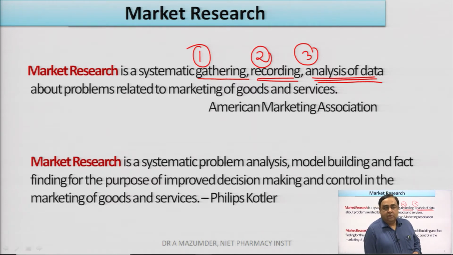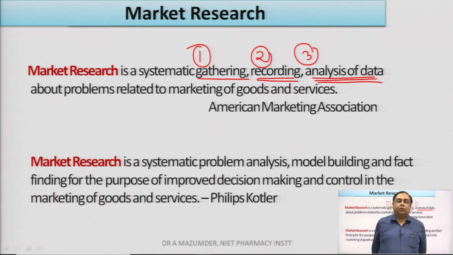Market research is a systematic problem analysis, model building and fact finding for the purpose of improved decision making and control in the marketing of goods and services. See, the objective is very simple. The final goal is the marketing of goods and services.